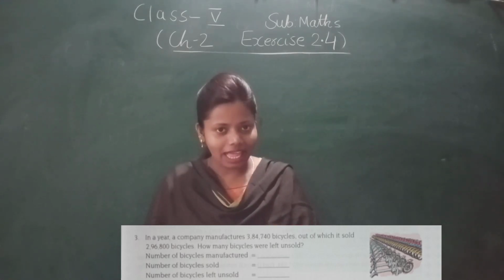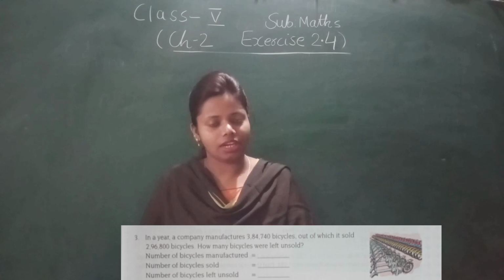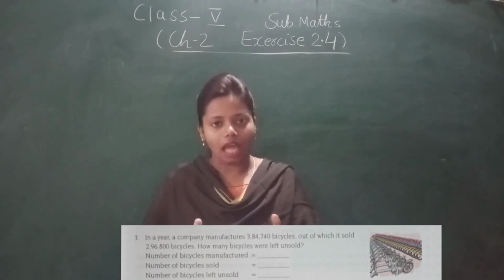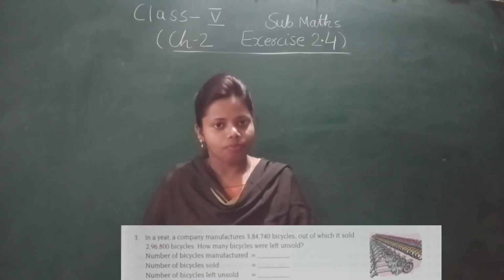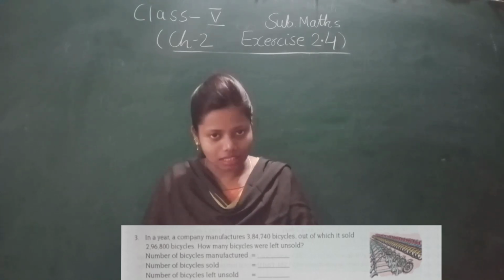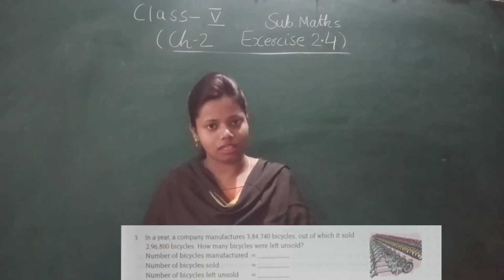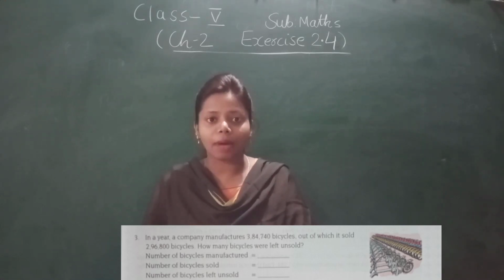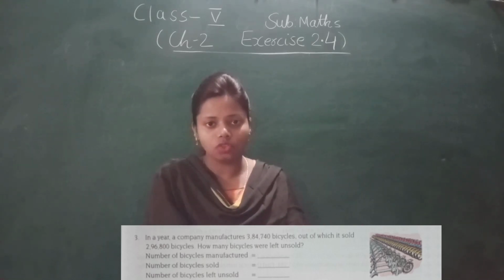Out of this, 2,96,800 bicycles were sold. So how many bicycles are left unsold?